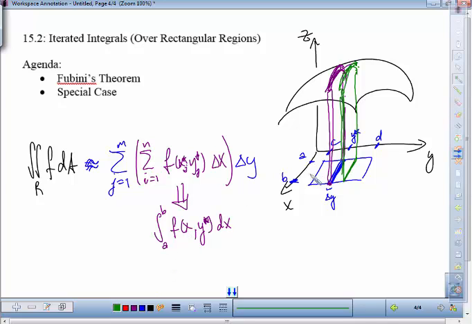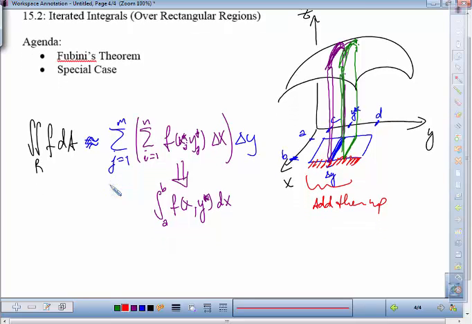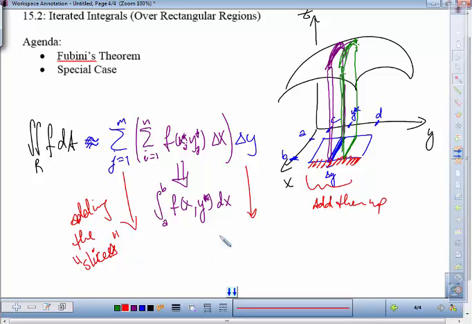And so now, if we want to add them all up together, that's when the outer Riemann sum comes in. When the outer Riemann sum comes in, we're adding up the slices, so to speak.